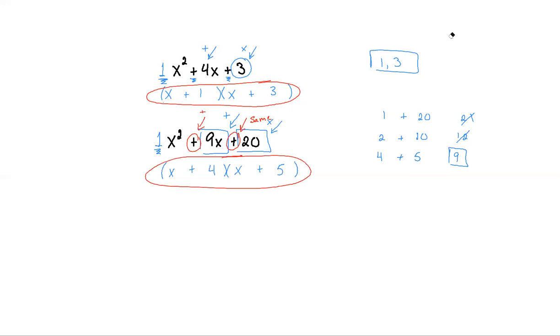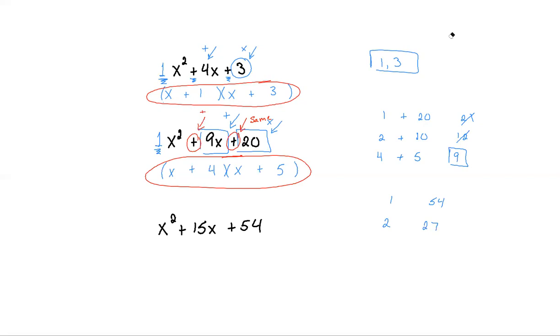One more. An even harder one. This one's going to have a lot more factors. So once again, I'm going to break it up. I'm going to have 1 and 54. I have 2 and 27.